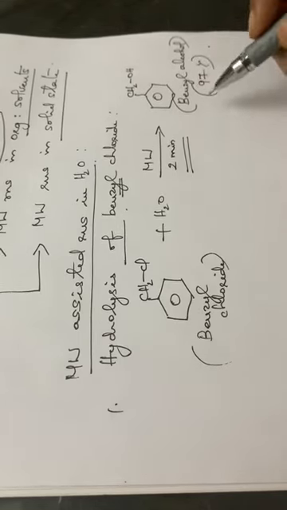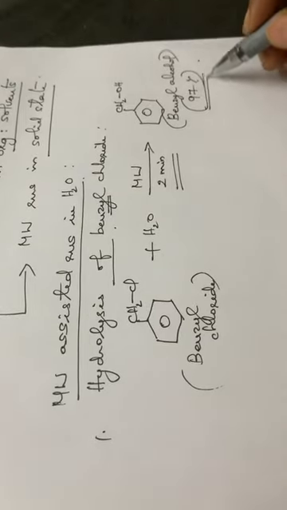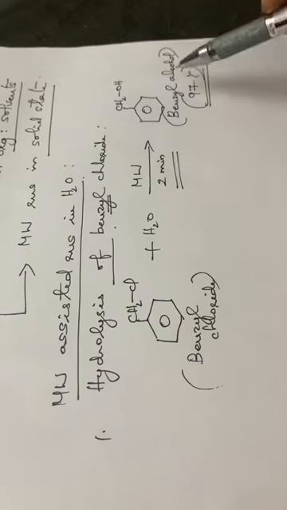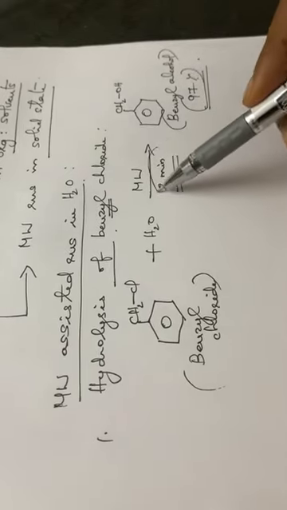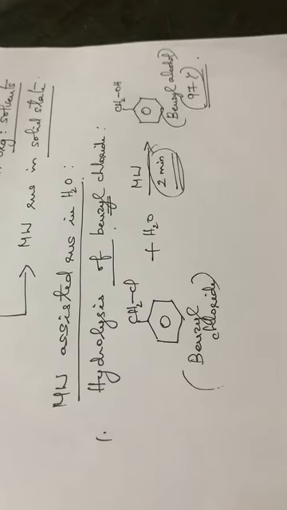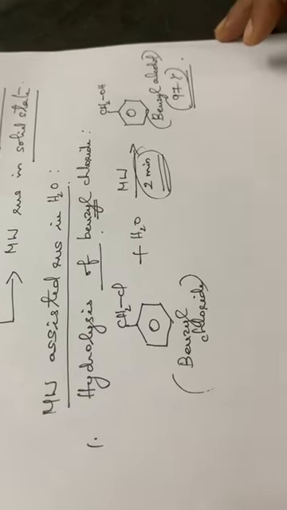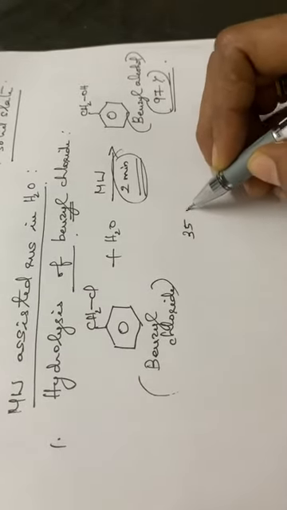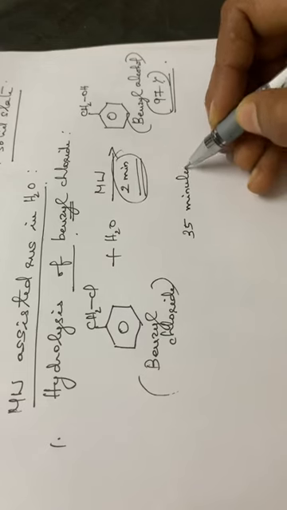See, it is atom economical, isn't it? The yield is 97%, so we can say this particular reaction is a green reaction, a microwave assisted reaction. The time taken is just 2 minutes for the reaction to complete. But if the hydrolysis is carried out by the conventional method, it will be taking about 35 minutes. See the difference in the reaction time.